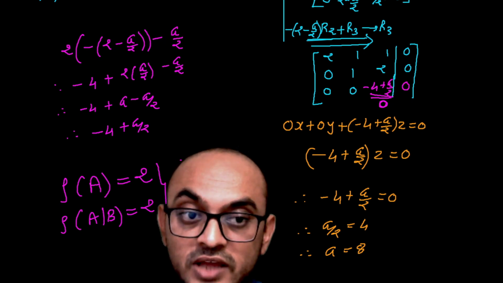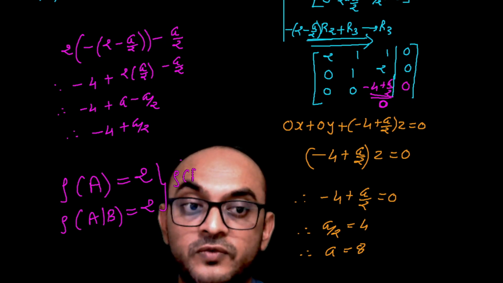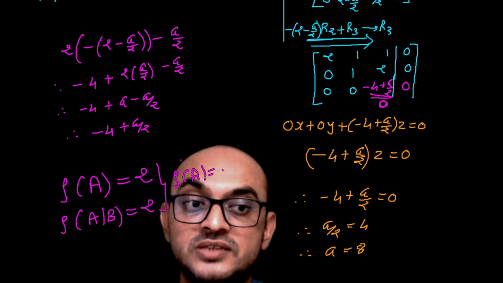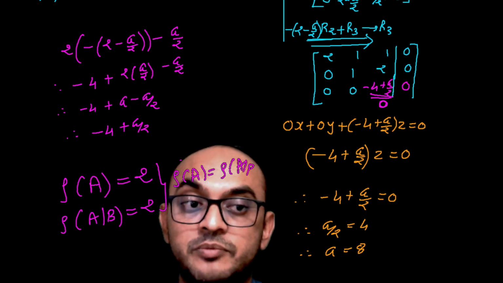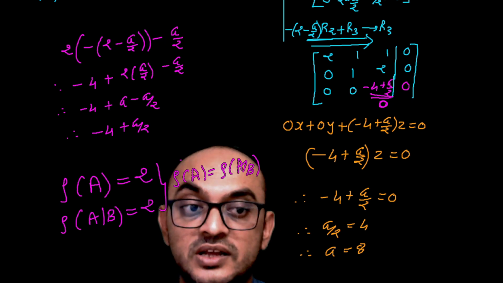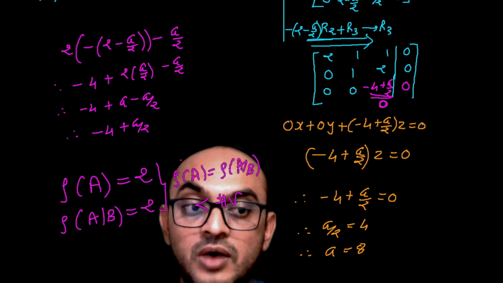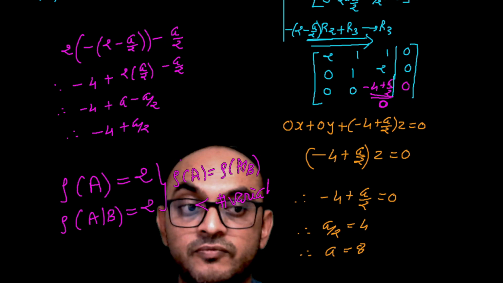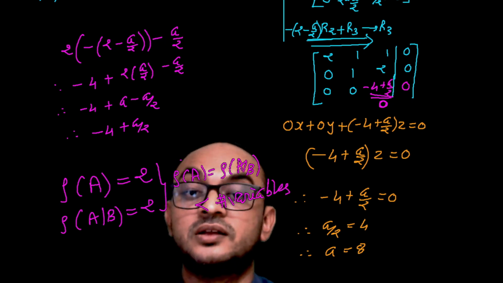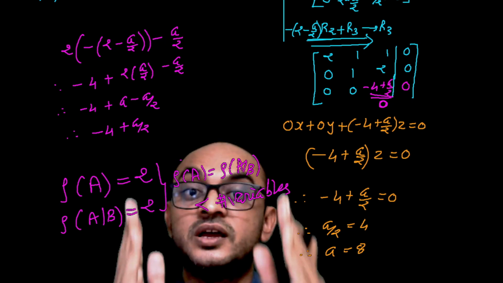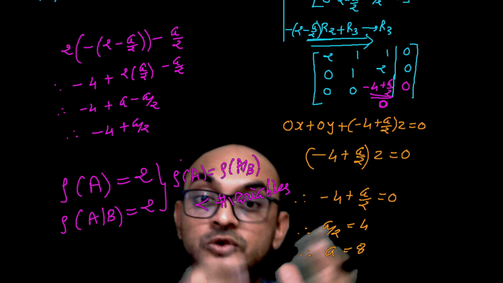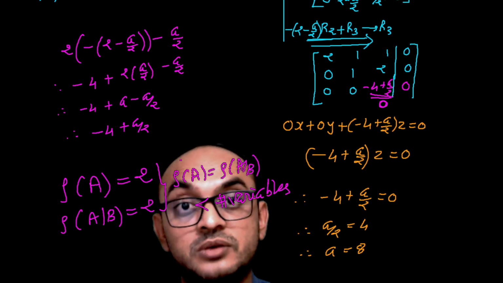Now you know that if rank of A is equal to rank of augmented matrix A B, which is less than the number of variables, then the system has always infinitely many solutions. Infinitely many solutions means what?